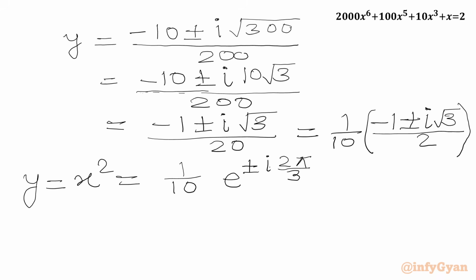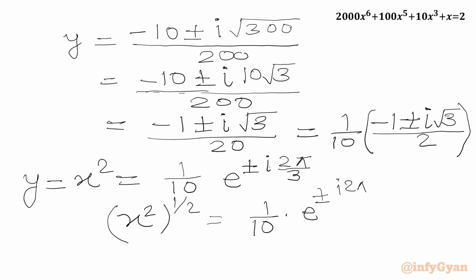Now we will raise the power 1/2 on both sides. So let me write (x²)^(1/2) equal to (1/10 e^(±i 2π/3))^(1/2). Now we will take the square root on both sides.